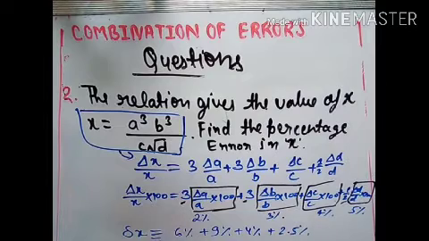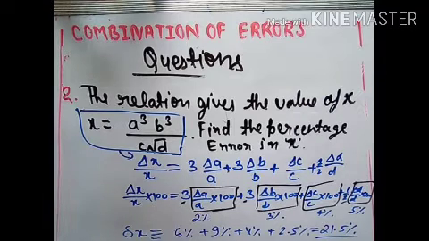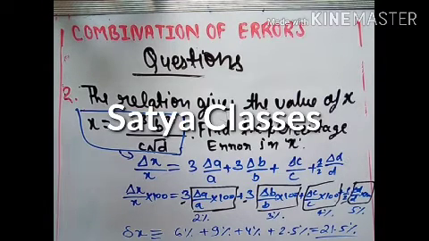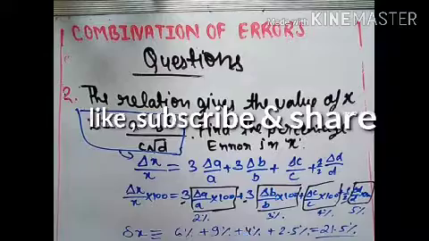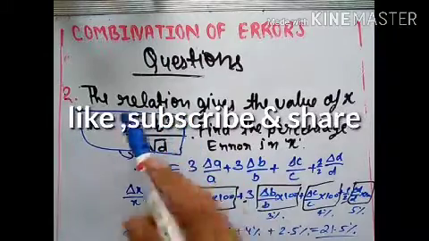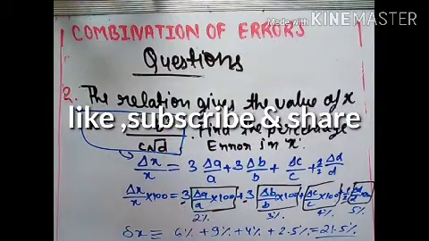Now add them and you will have the answer. 6 plus 9, 15, 15 plus 4, 19, 19 plus 2.5, 21.5. Okay, now this is the percentage error. Now I hope I have enjoyed a lot with you. I hope that now you have understood the concept of calculating the relative error while the formula is written in the combined form. Understand?